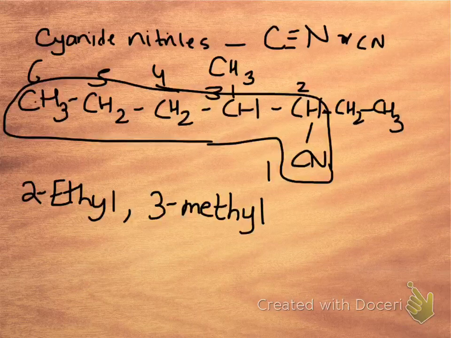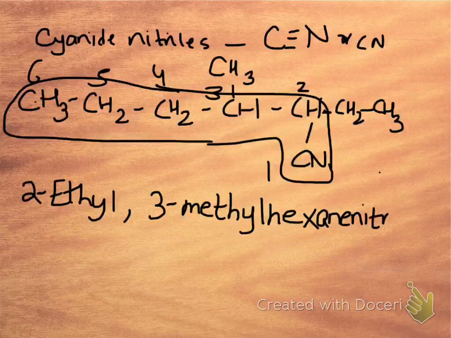Methyl, as there are 6 carbons, so hex. Then as you know, this N is a consonant, so you need to keep the E now. Now there is a single bond, so hexane, hexanenitrile.